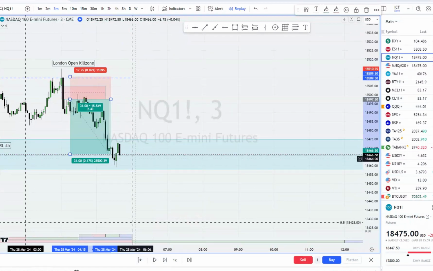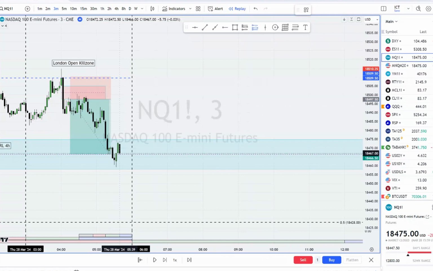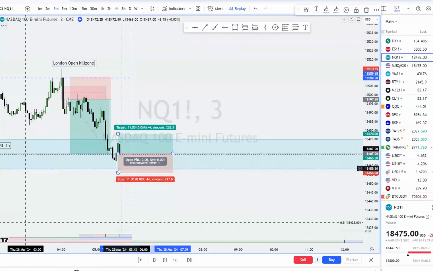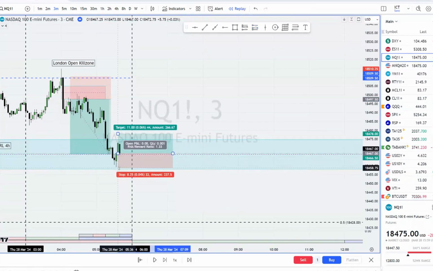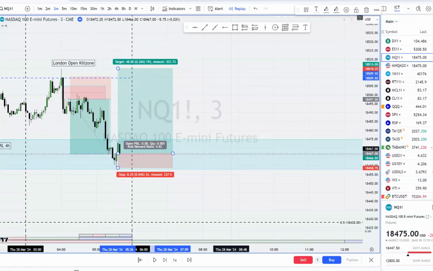Depending on your style, you could enter right here on this volume imbalance or little fair value gap, taking a long entry. This would be a little bit more risky in this case because the fair value gap wasn't that meaningful. But again, this is a trade. If it matches your backtesting in your model, that's fine.